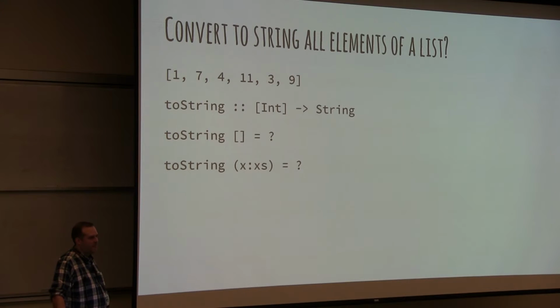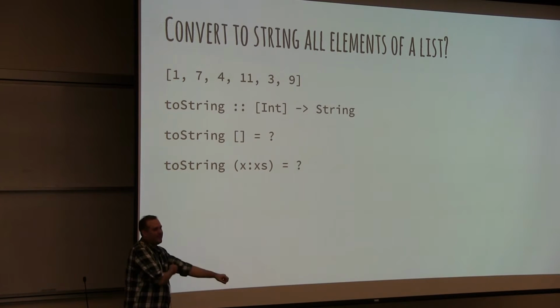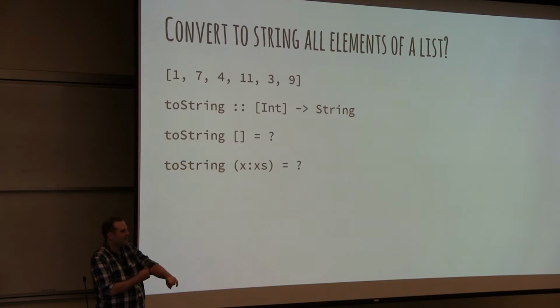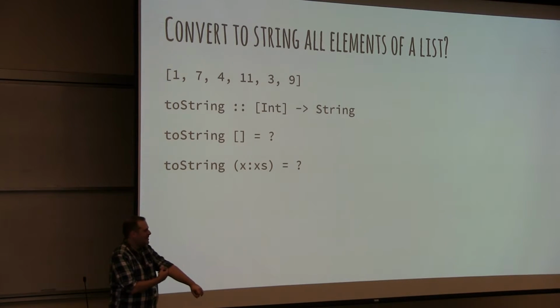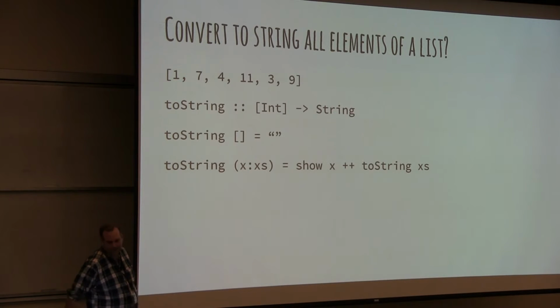Empty string. Yeah, the empty string. And then the second case is slightly more complicated, but it would be show x concatenated with the function called on xs. Yeah, exactly.